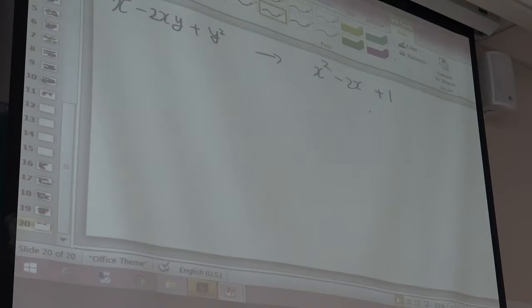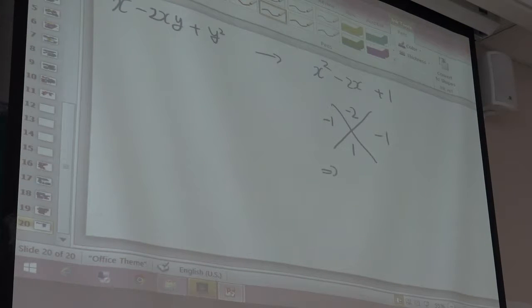Then what we can do is find the two numbers where the product is 1 and the sum is negative 2. That is negative 1 and negative 1. So negative 1 times negative 1 is a plus 1. Negative 1 plus negative 1 is negative 2.